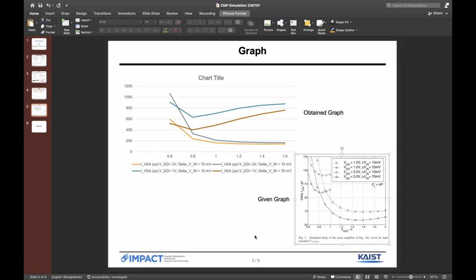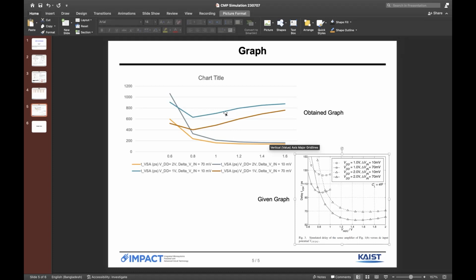One interesting finding is that after V induced exceeds VDD, TVSA actually increases. Before exceeding VDD, TVSA decreases, as you can see in these two graphs. For these two graphs, VDD was 2 volts, so V induced is less than 2 volts, and we can see that TVSA is decreasing.